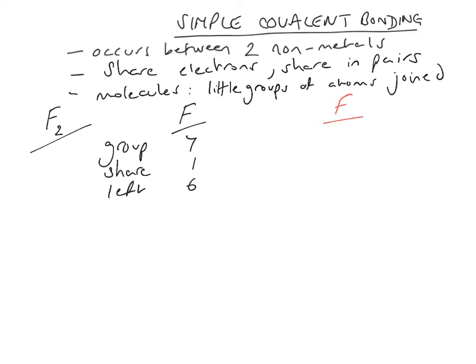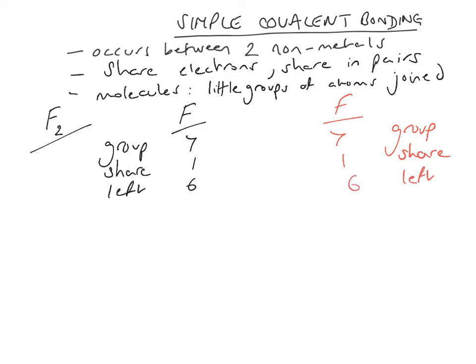Fluorine is in group 7. Because it's in group 7, it will have 7 electrons in its outer shell. Because it's in group 7, it would like to have a full outer shell, and fluorine's shell is full with 8. So therefore, it needs to share one more electron. And that means left over, there are 6 electrons that are not involved in bonding.